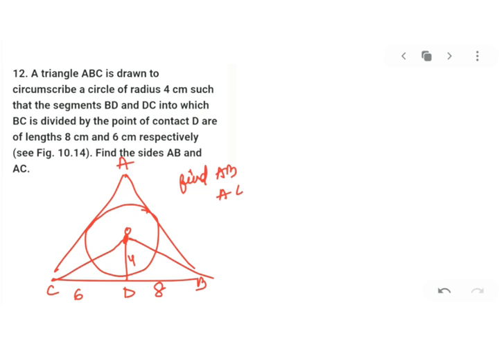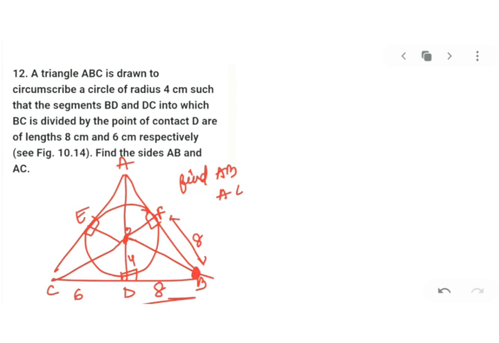I will join OC, OA, OB, and I will draw perpendicular here, and this is the perpendicular. Shall we start? Now, if my dear kids, BD is 8, can I say FB is also 8?